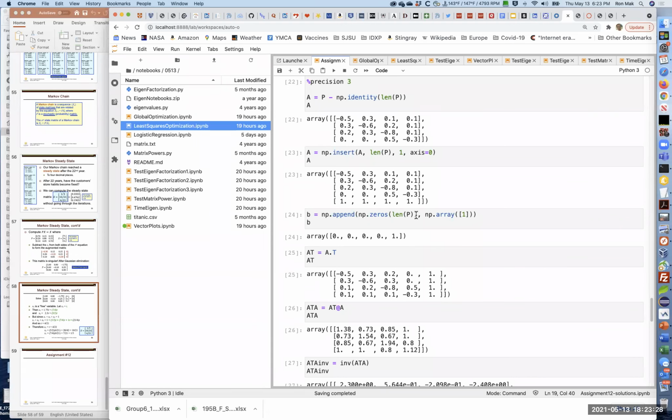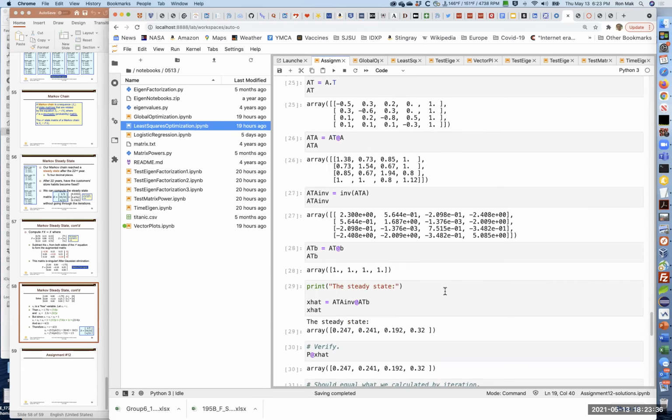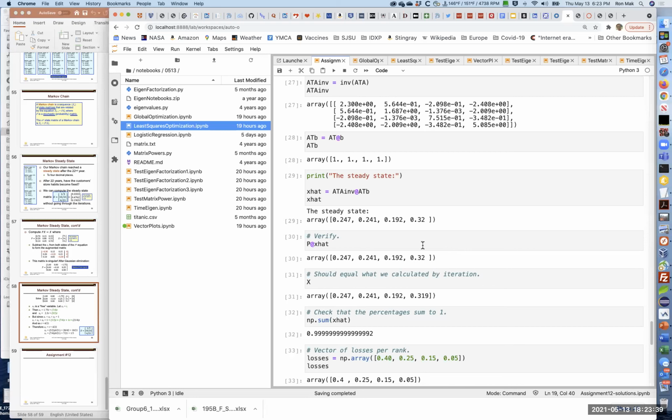Now that I have an A matrix and a B vector, I again grind through the normal equation, and we end up with x hat, which is our solution.